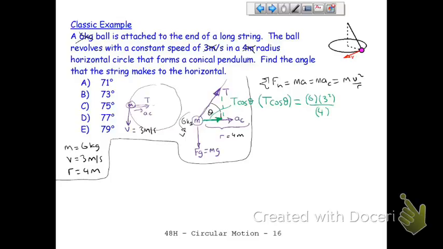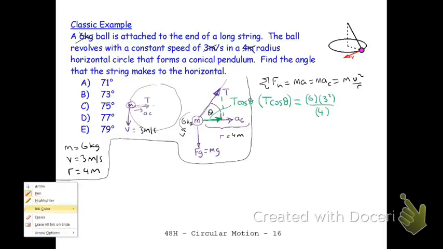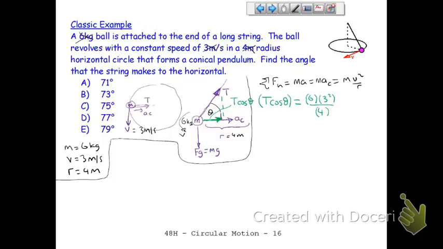So then I say, okay, well, we tried the horizontal. For the next step, let's try the vertical. Find T using the sum of the forces vertically equals, there's no acceleration vertically. If the thing is going in a horizontal circle, the acceleration must be towards the middle of the circle.